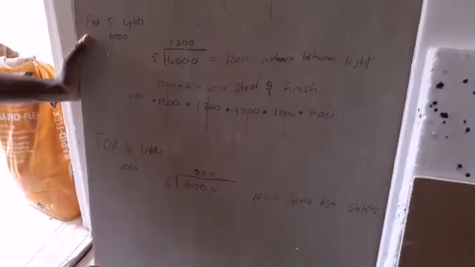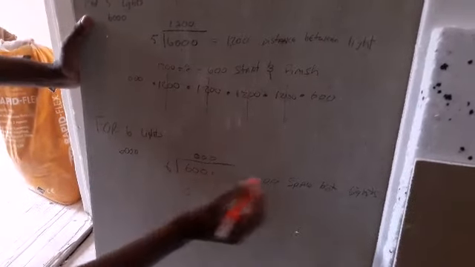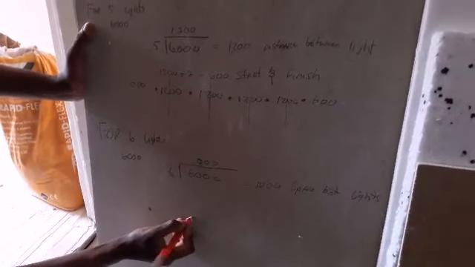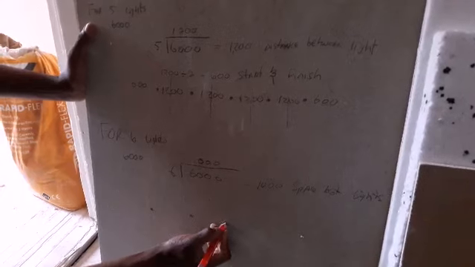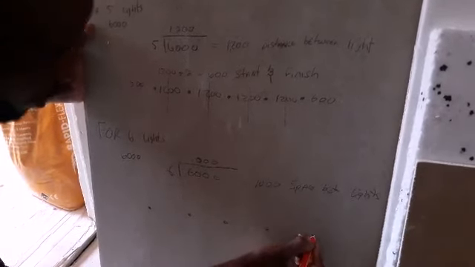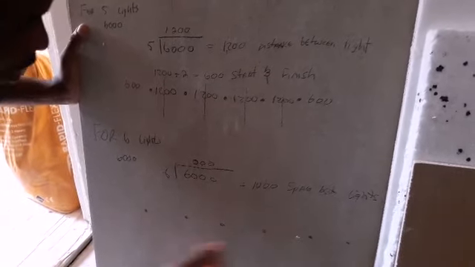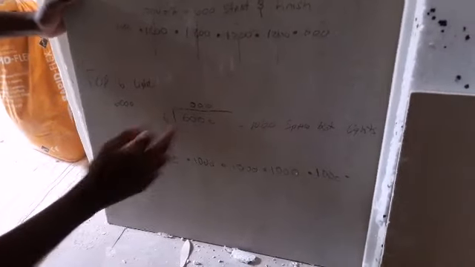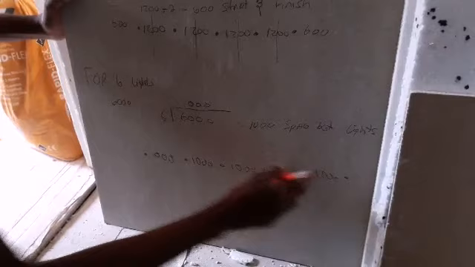So that's 1000. So for 6 lights, you'd have 1, 2, 3, 4, 5, 6. So fast forward here. So we have 1, 2, 3, 4, 5,000.